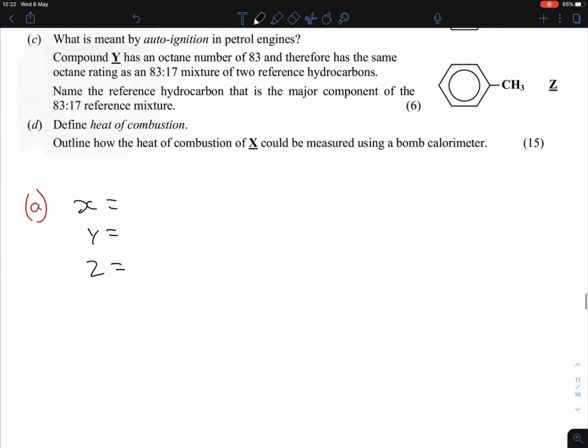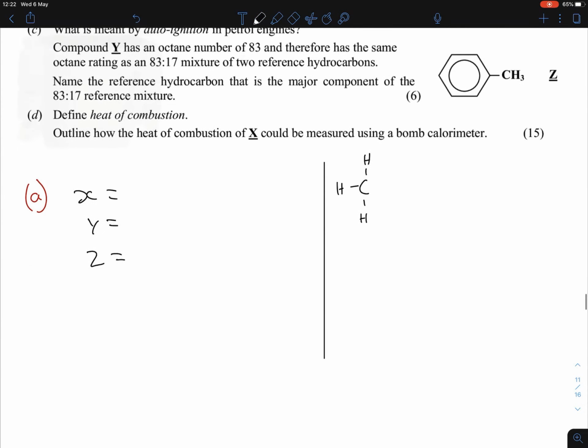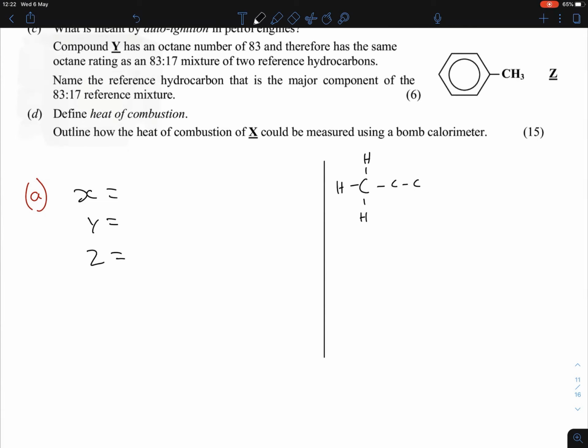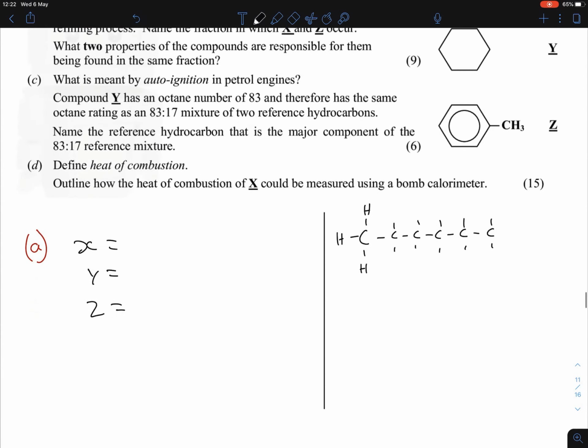So we have a CH3, and then I think we have 5 repeating units of CH2. So I'm going to do 5 CH2s now: 1, 2, 3, 4, 5, and each of those had hydrogens on them. I'm actually not going to bother drawing the hydrogens for this one. And then the very last one, we have a CH3.